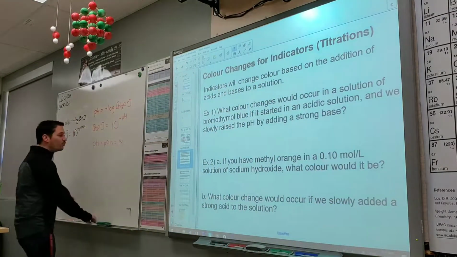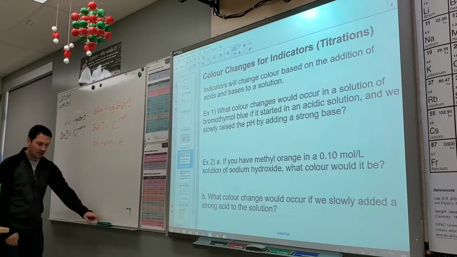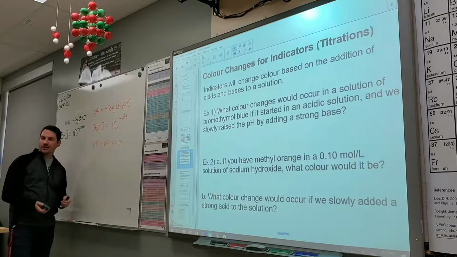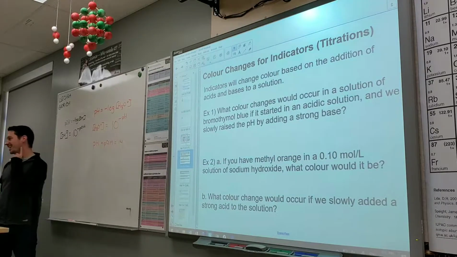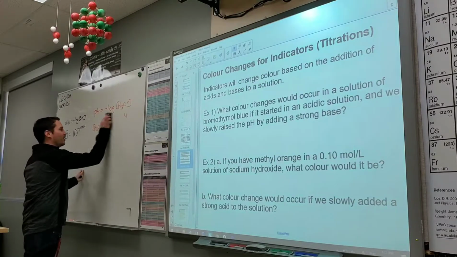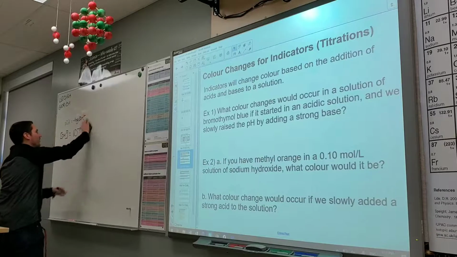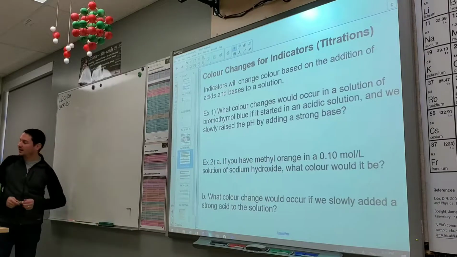Pick any one indicator from that list and let's talk about it. Okay. Alizarin yellow. Let's talk about alizarin yellow, because we used alizarin yellow yesterday.